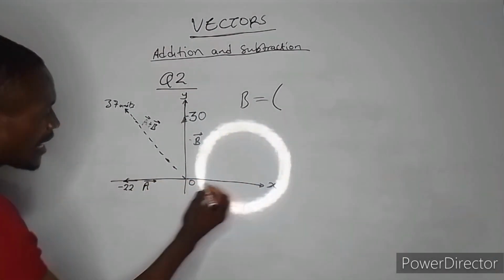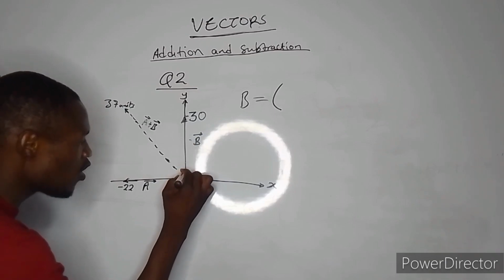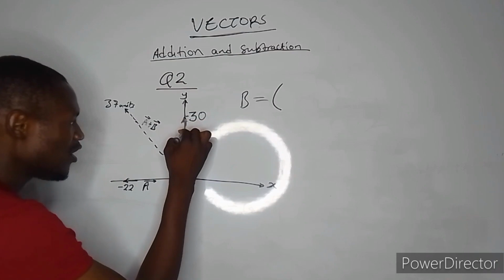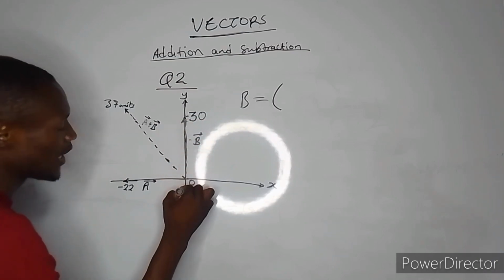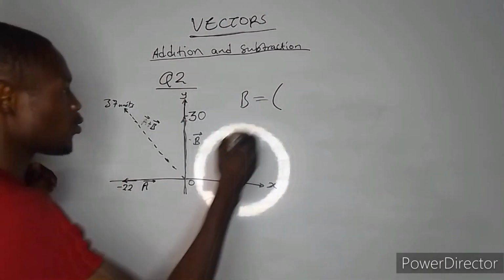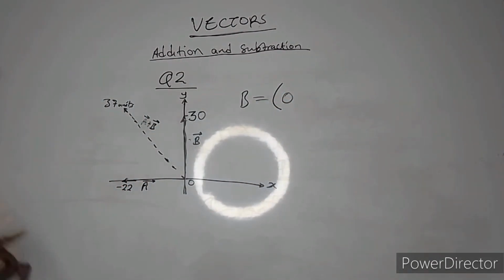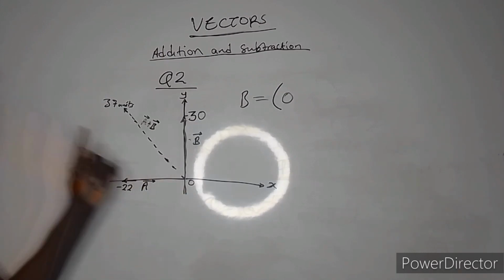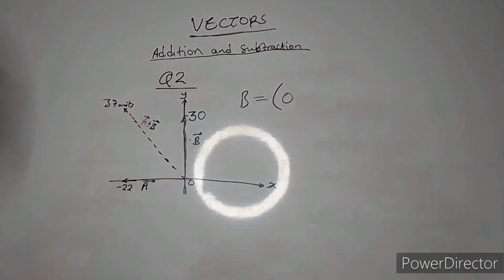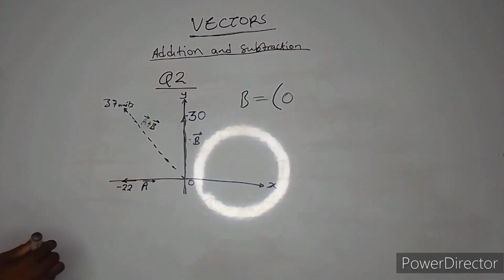So in the x-axis, we can see that B is along positive what? Positive y. Now, if B is along positive y, what does it mean? It means that the component of x is 0. The component of x is 0. Because in x-axis, y is equal to 0. Then in y-axis, x is equal to 0. So those are points that you have to understand.